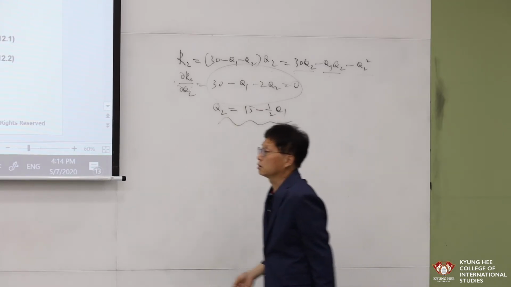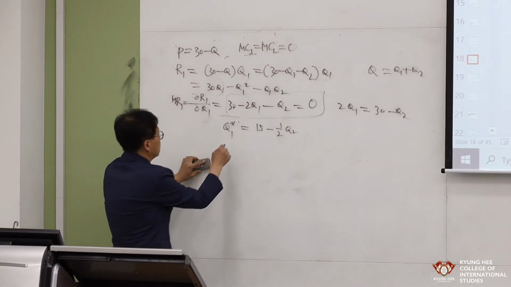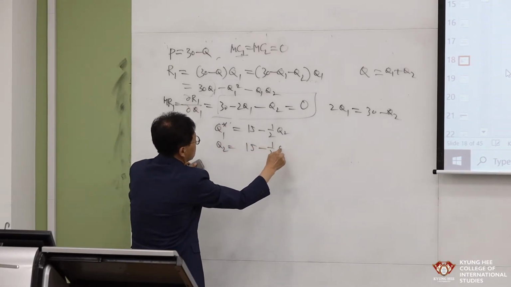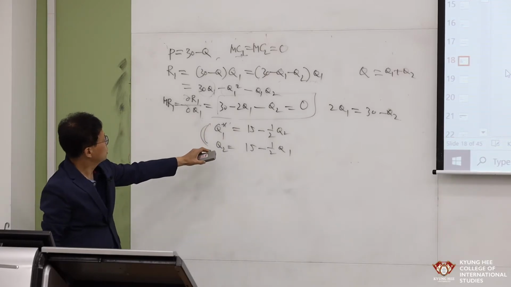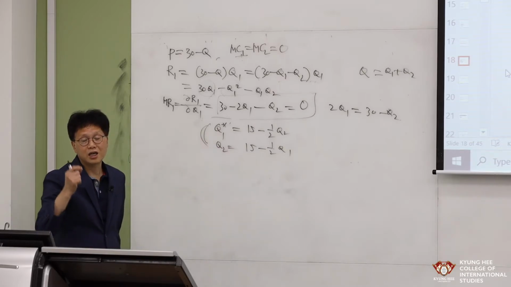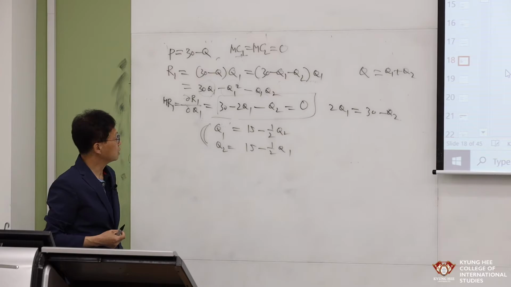Okay? So I'd like to go there again. The reaction curve for Q1 is like this. The reaction curve for Q2 is equal to 15 minus half Q1. Right? So we can solve these two simultaneous equations. Then we can calculate Q1 star and Q2 star, isn't it? Right?